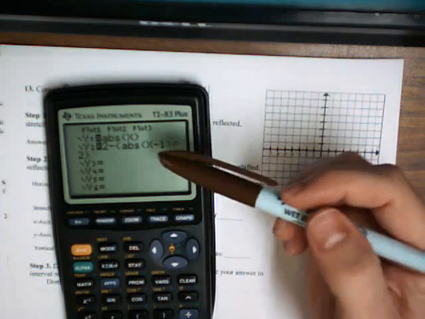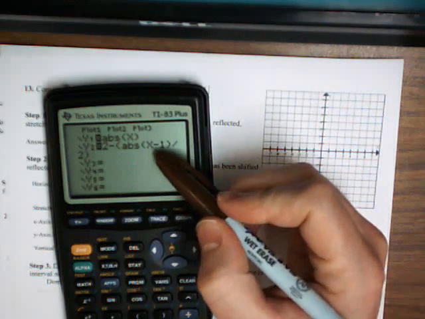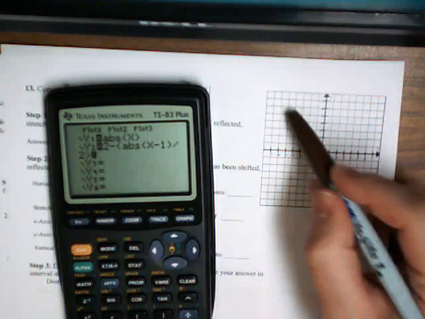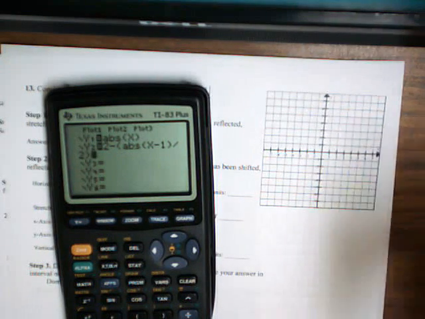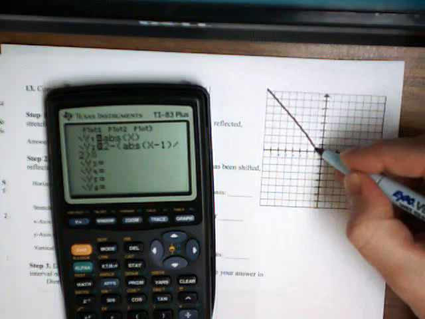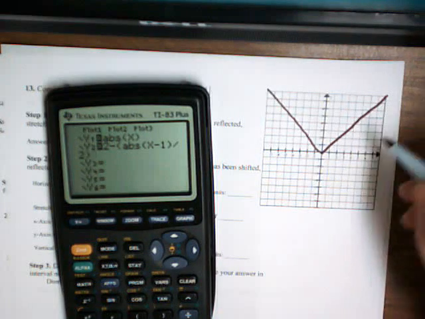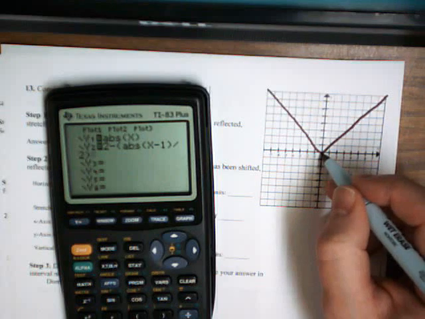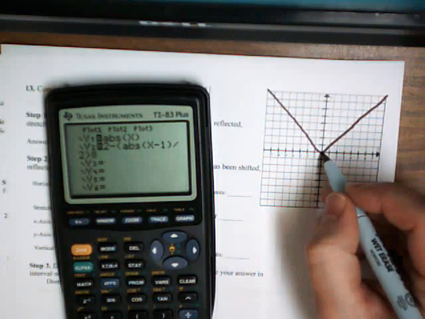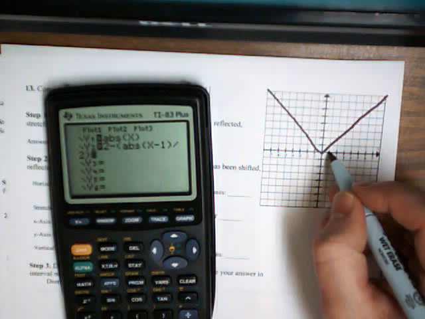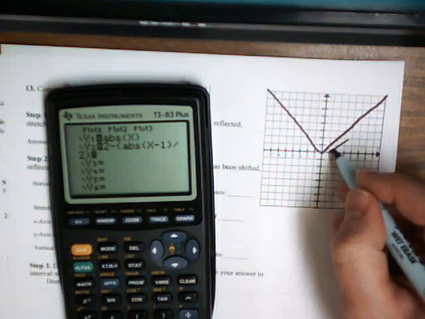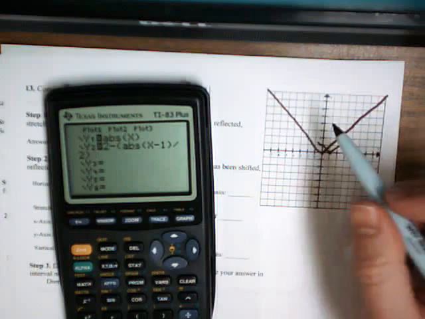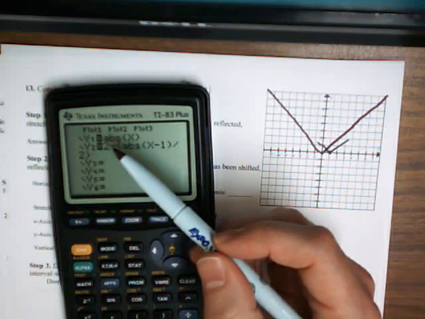think's going to happen. The ABS x minus 1 should move that from here. The minus 1 part should move it which way? This way 1? Okay, so it should move it this way 1. What about the minus in front here?